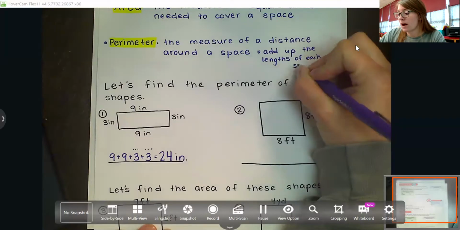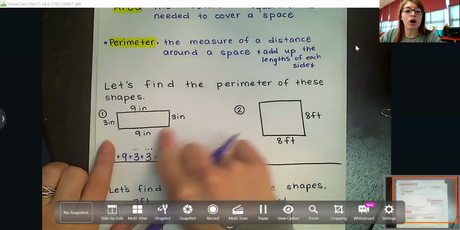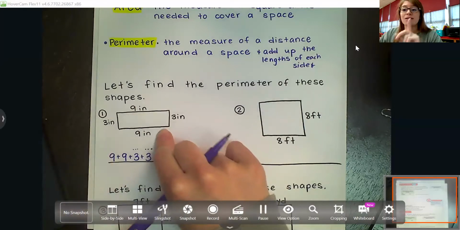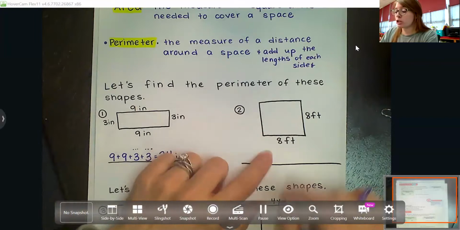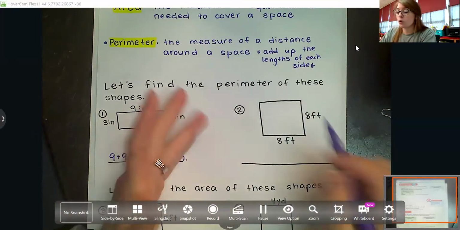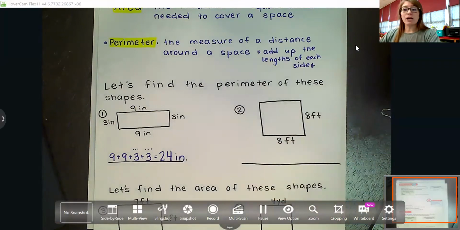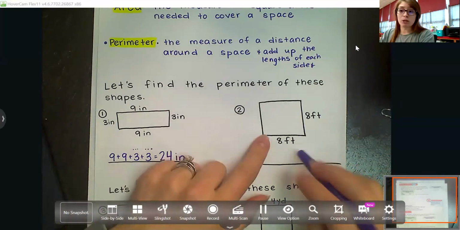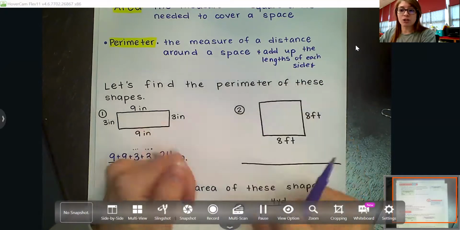Okay. Now, in number 1, we were given the measurements for all 4 sides. However, sometimes you're only going to be given the measurement for 2 sides or even 1 side if it's a square. So let's go ahead and look at number 2 where that is the case. So here we've got 8 feet on this side and 8 feet on that side. By taking what we know from chapter 10, we know that this is a square, which means all sides are equal and opposite sides are equal as well.